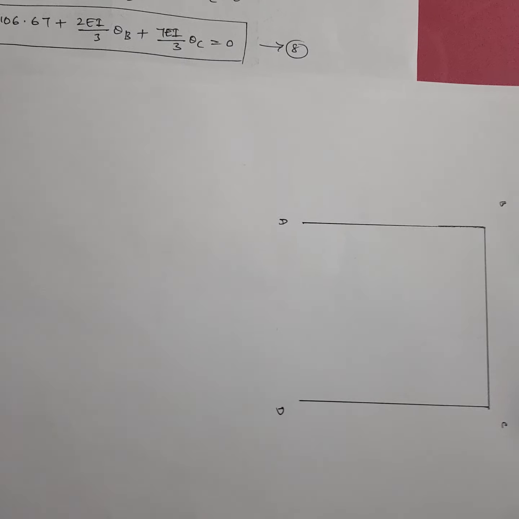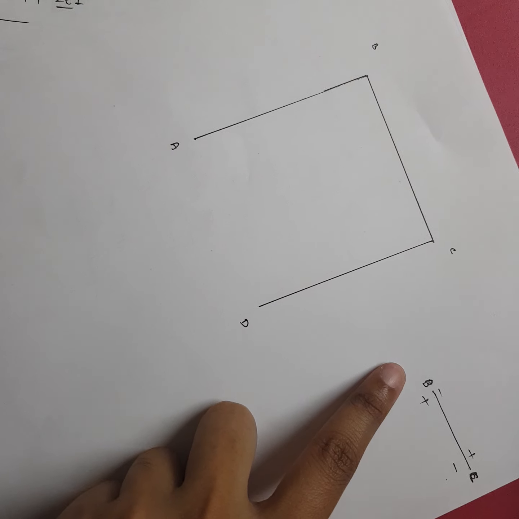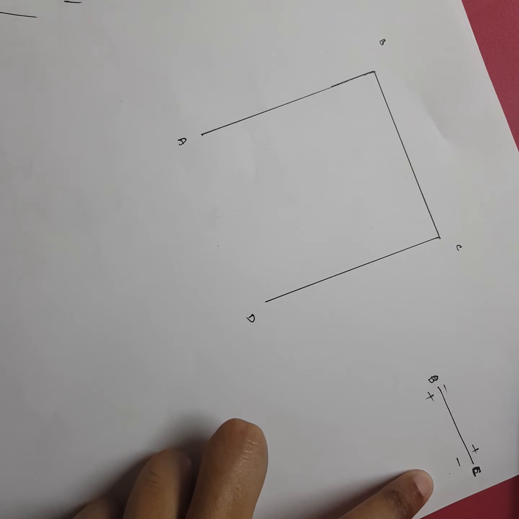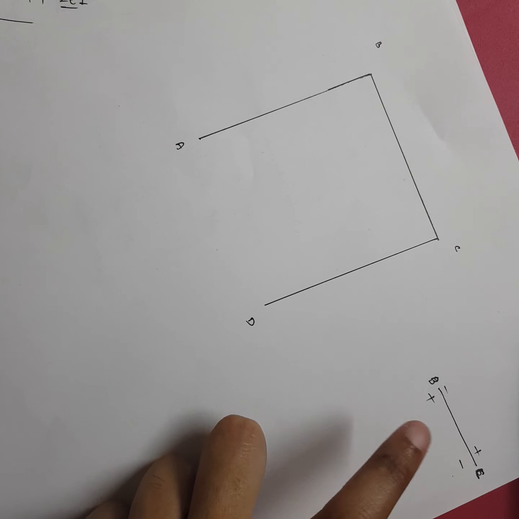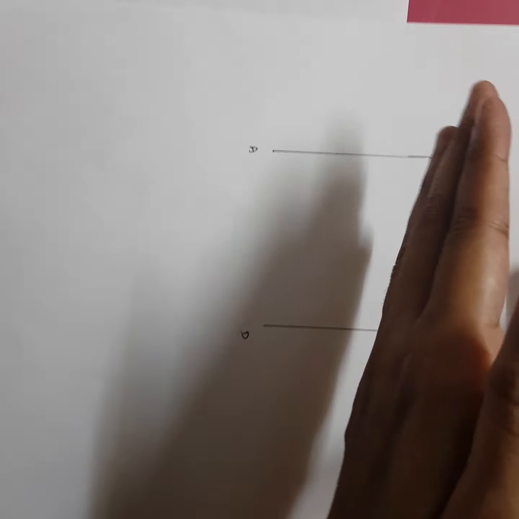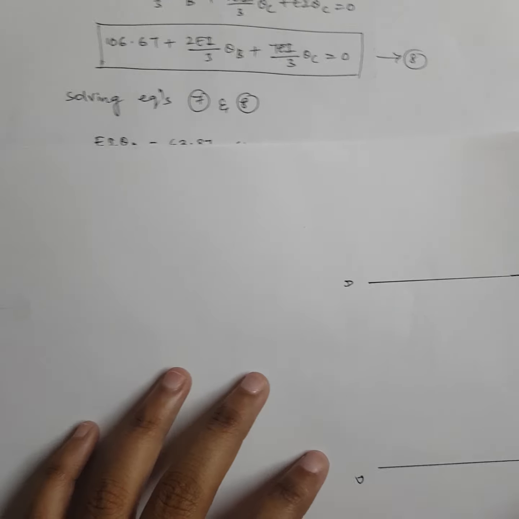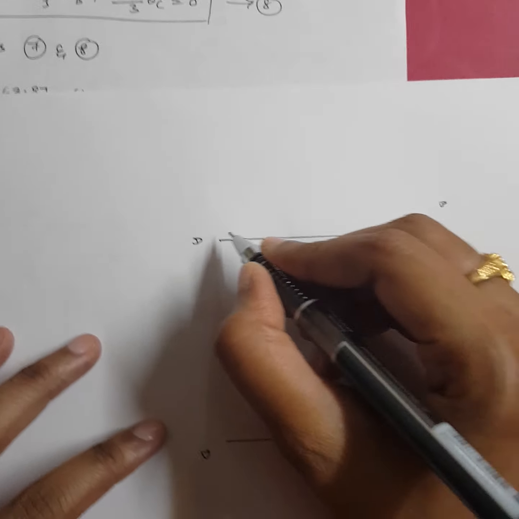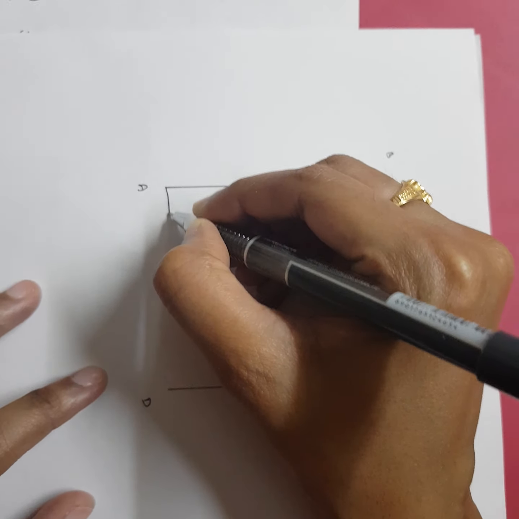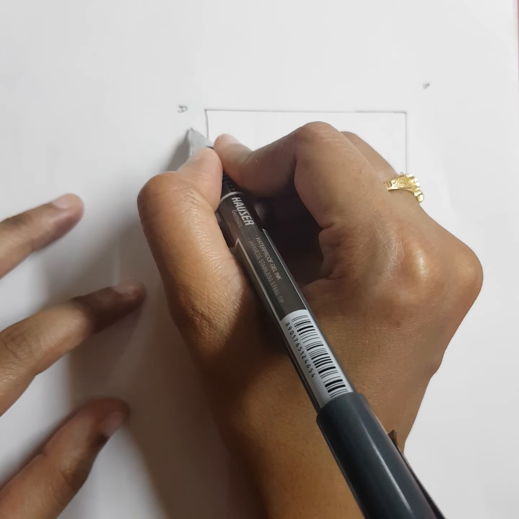So how much was our MAB? Our MAB was 32. As I have told you, when you are moving from left to right, when you get minus, you should draw upwards. When you are getting positive, you should draw downwards. Now MAB is from left to right, but I got plus 32. So now we should draw below this line. So this is plus 32. This magnitude will be 32.